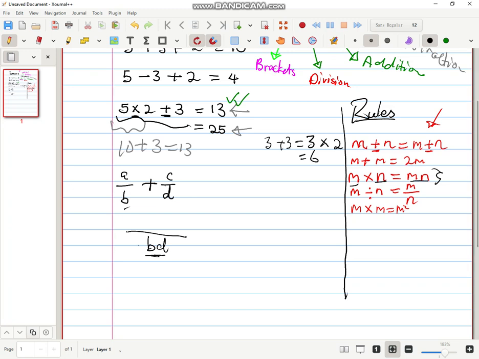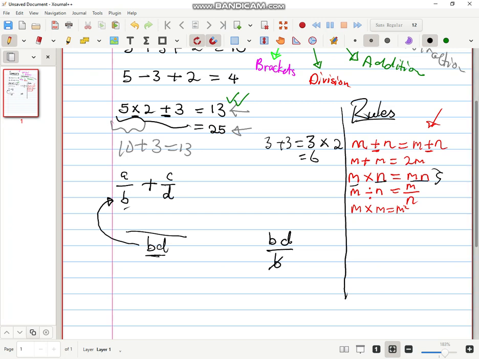Perfect. So then we're going to take this bd, and we're going to divide it by this b here, on the first term of our expression. So what do we get when we take bd and divide it by b?